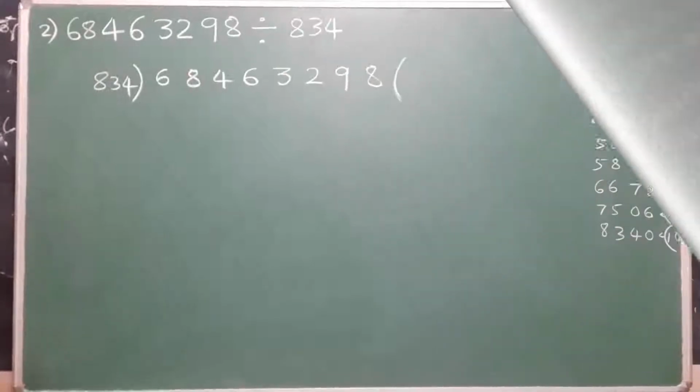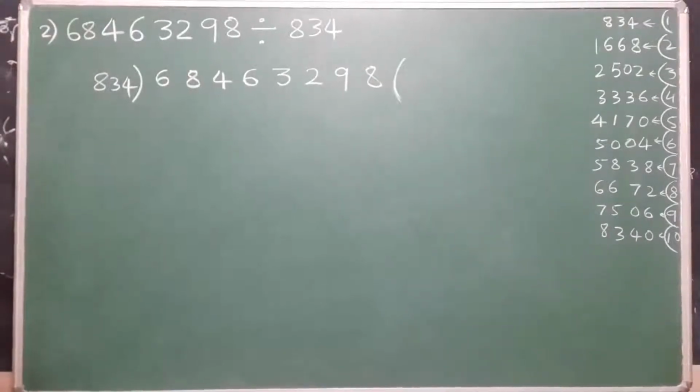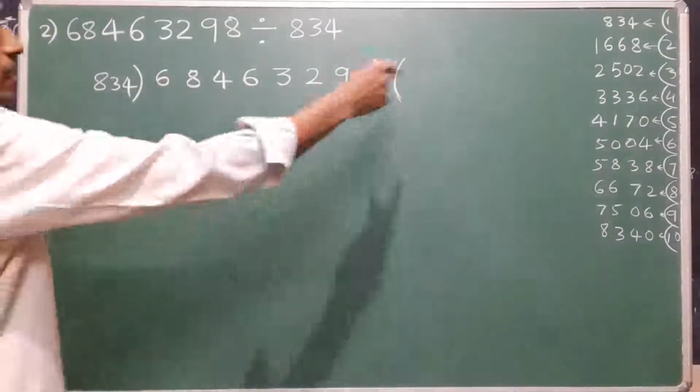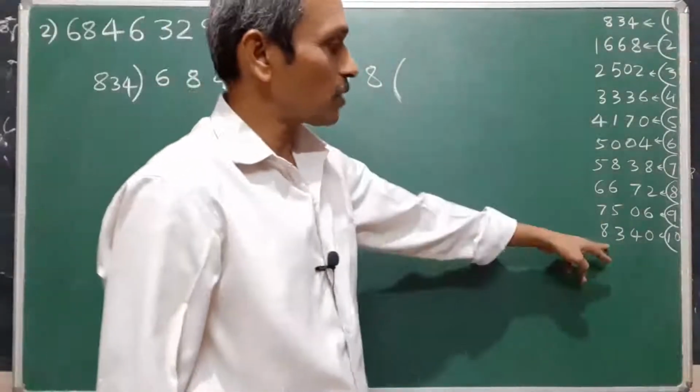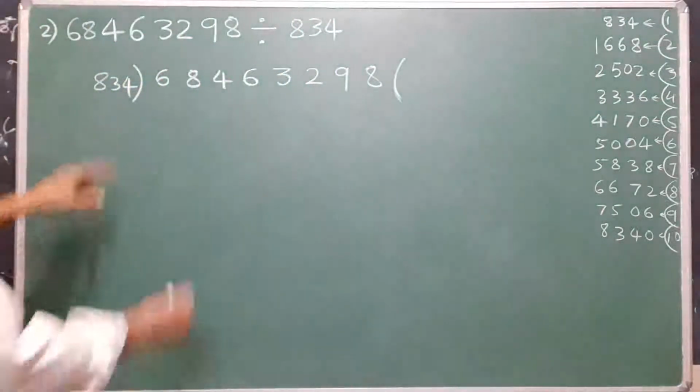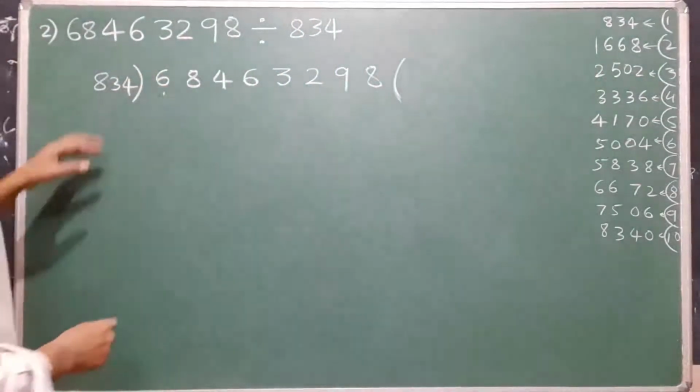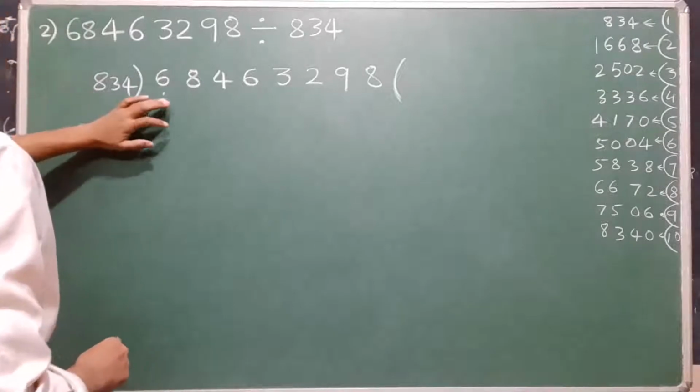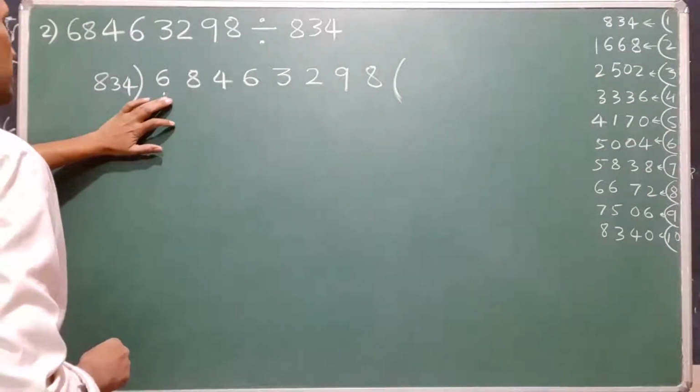We have solved that. Now the second one: we will divide 68463298 by 834. First, this is the table of 834 up to 10. Now we start dividing. We see whether 6 is there in the 834 table.